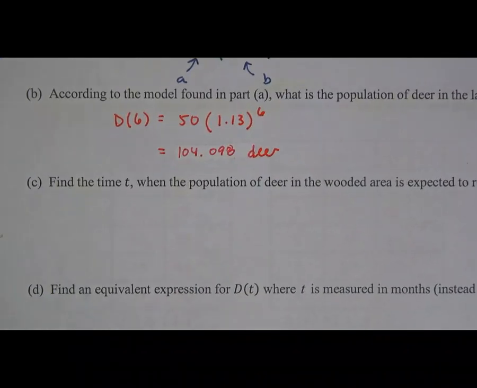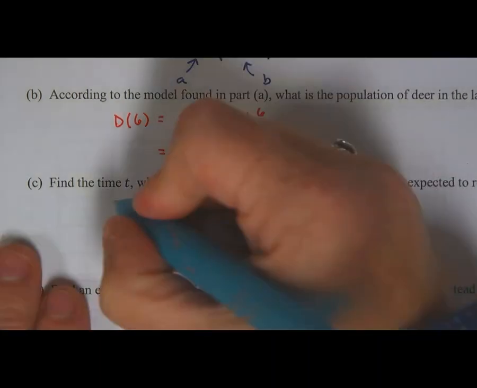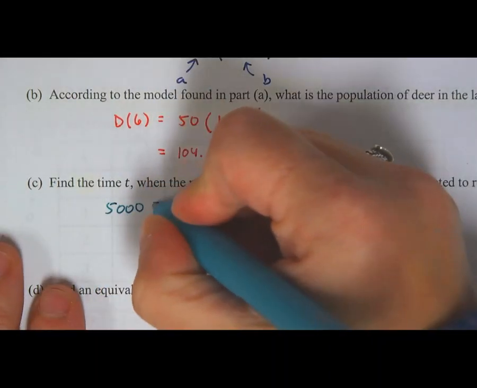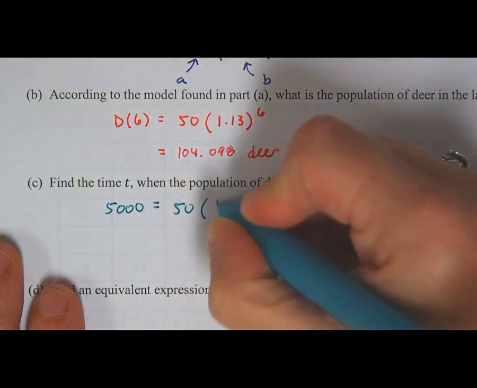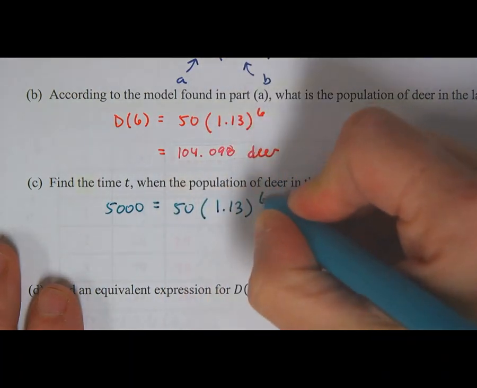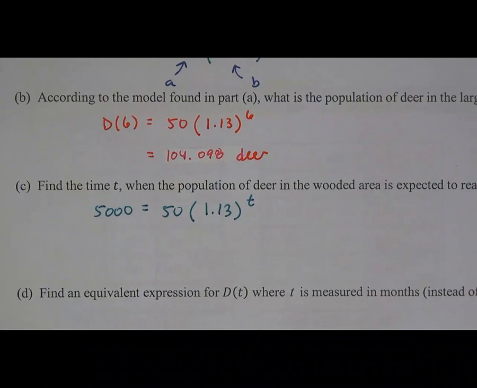Okay. C. Find T. Find the time when the population is expected to reach 5,000. So how many years will it take for the population to reach 5,000? This is like what I showed you on the previous page.